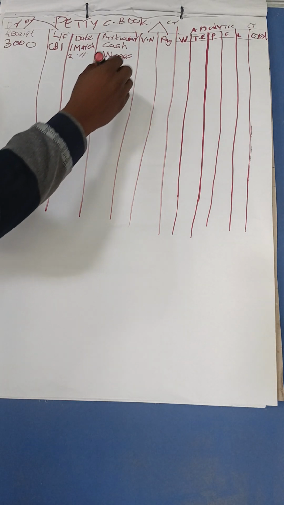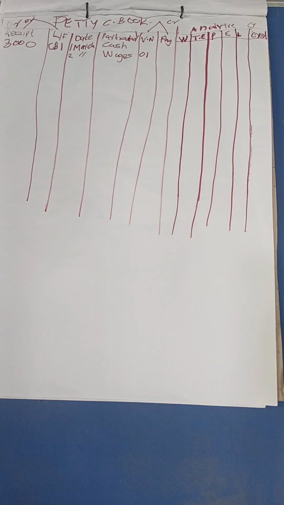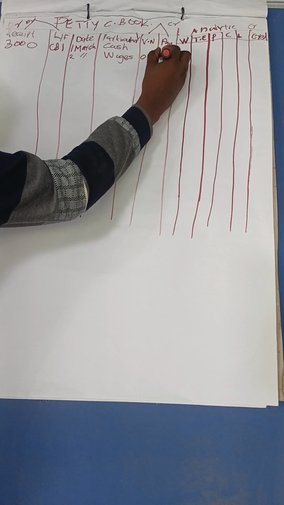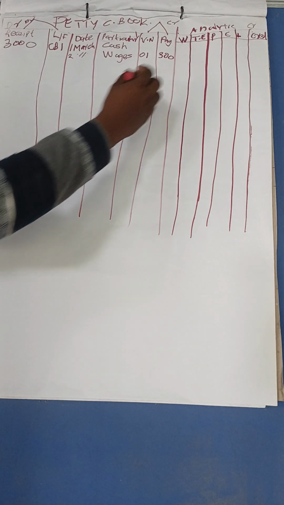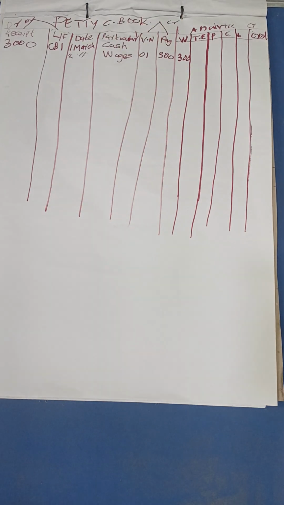Here you write 01, meaning voucher number 1, or you can just write 1. Voucher number 1, we made a payment of 300, under wages. So you extend that 300 under wages. Good. Nice. Very interesting book.